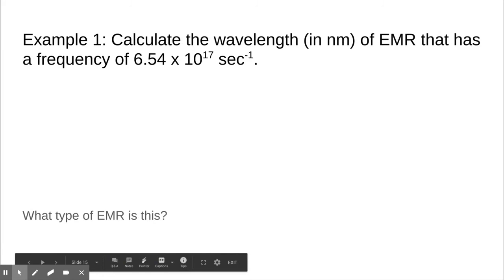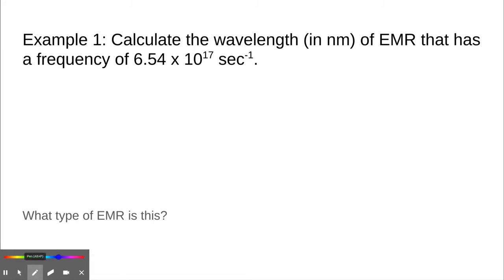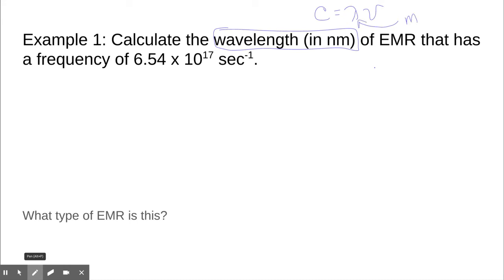All right, let's try this first example. Calculate the wavelength in nanometers, because remember, when we use this equation, c is wavelength times frequency, the answer we're going to get for the wavelength is going to be in meters. So we're going to have a two-part solution here. Of EMR that has a frequency of 6.54 times 10 to the 17th seconds to the -1.